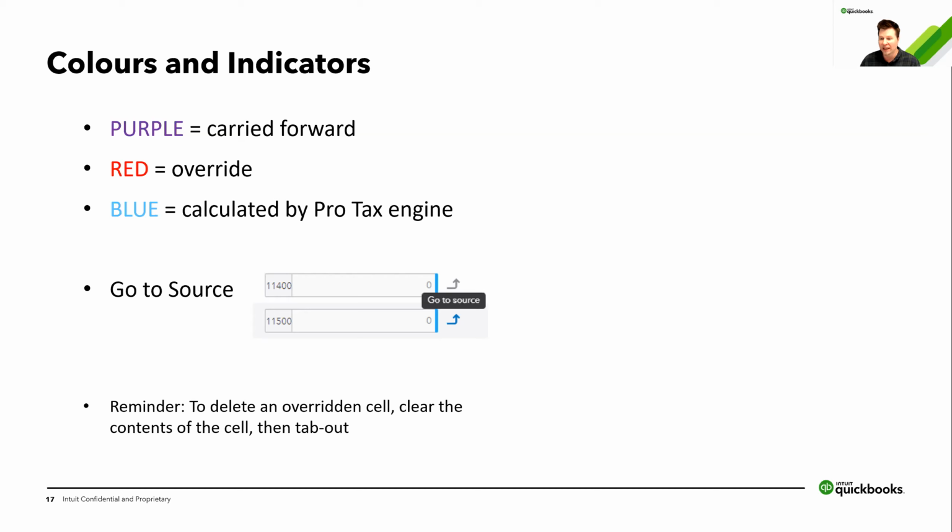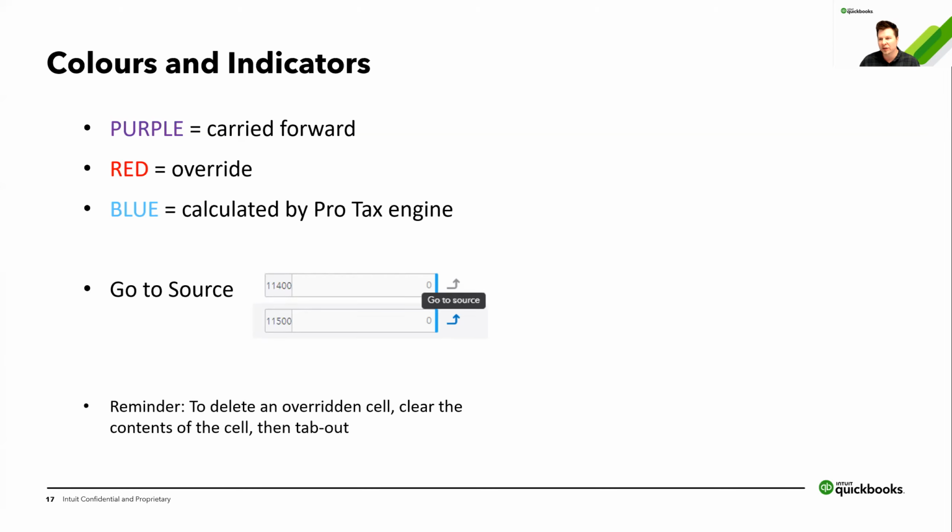Now, if that cell is red, that means that field has been overridden. That's if a number has been typed, for example, into a field that is, say, a calculated field. That would show as an overridden cell. Now, because we are operating in a browser environment, we don't necessarily have the ability to right-click and unoverride or remove an override of a cell.